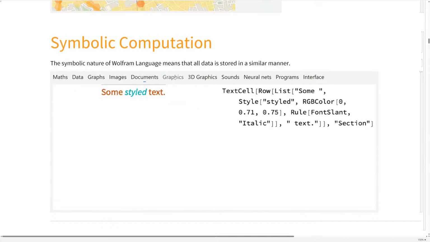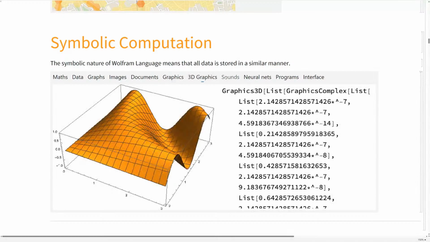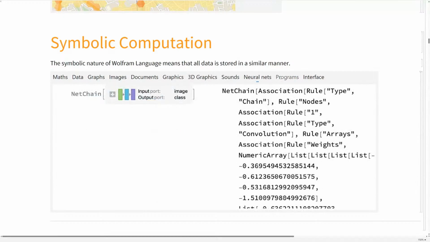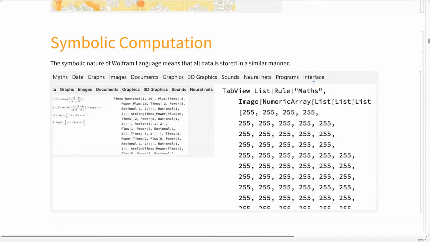So everything, this document, graphics, 3D graphics, sounds, neural nets, programs, and even this current interface, this tab thing that I'm clicking through, is the same structure, with this head called TabView with a bunch of arguments and then layers in.